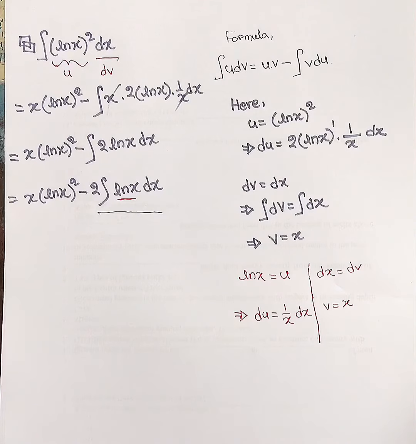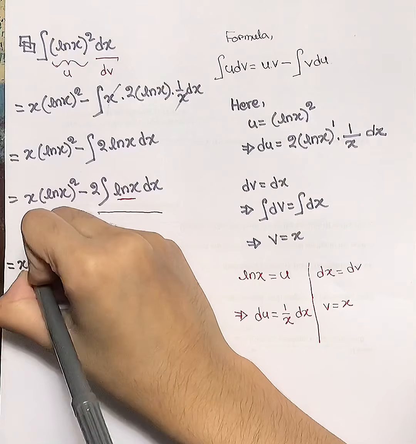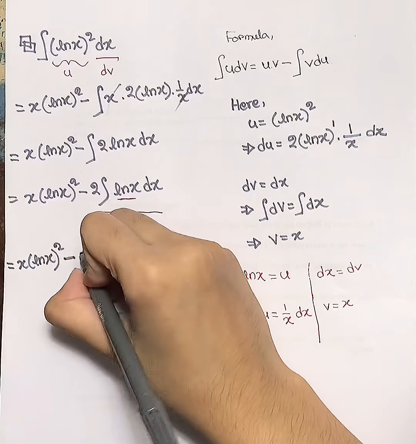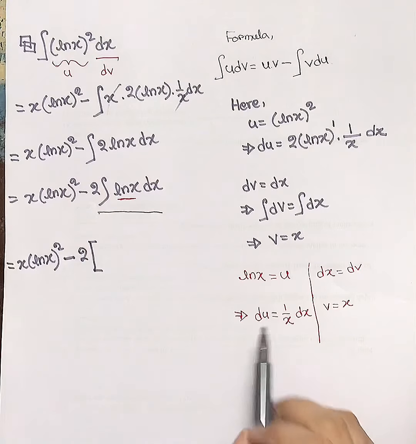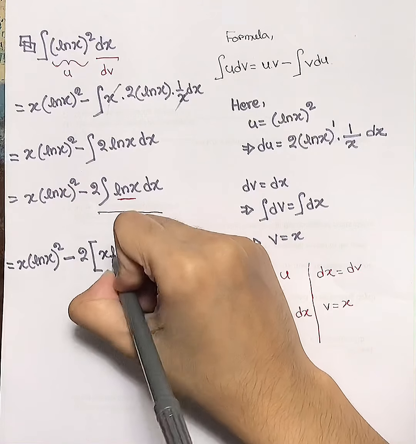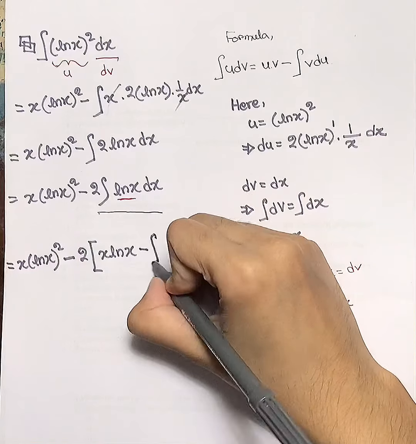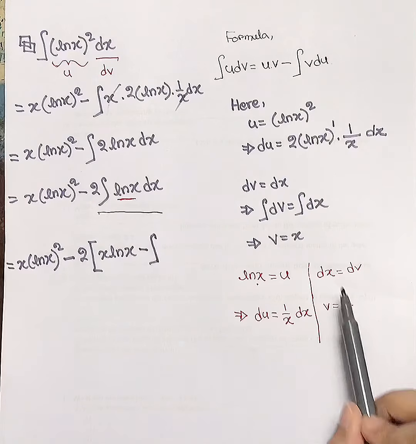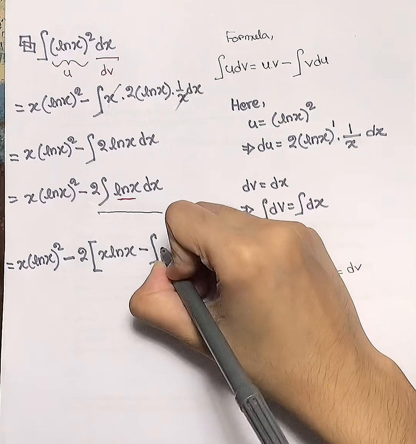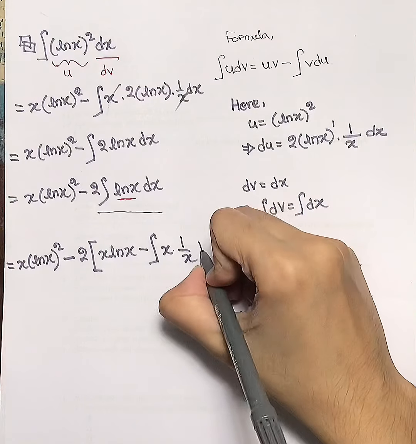Now I'm going to apply the formula one more time, and then I will have x into (ln x) whole square minus 2, then u into v, so my u is ln x and my v is x, so x ln x, and then a negative sign, and then integration of v du. That is integration of v, which is x, and du, which is 1 by x dx.